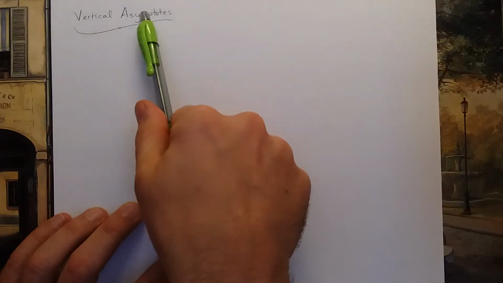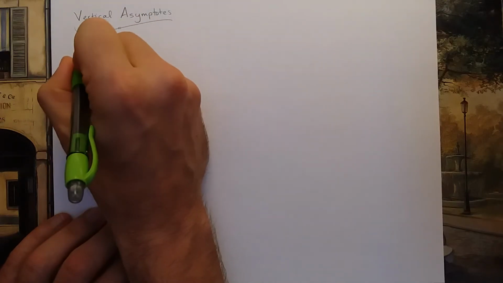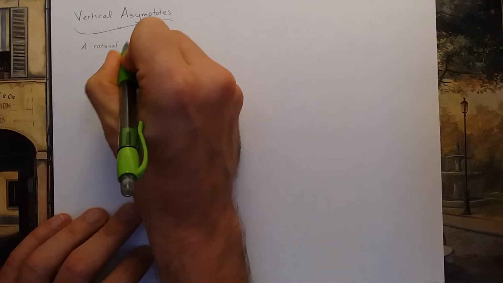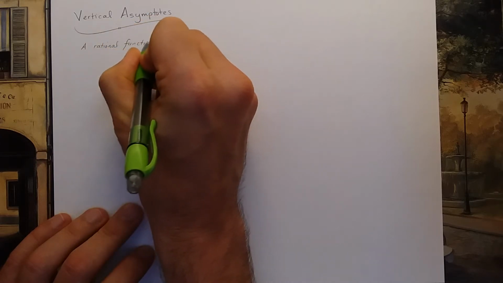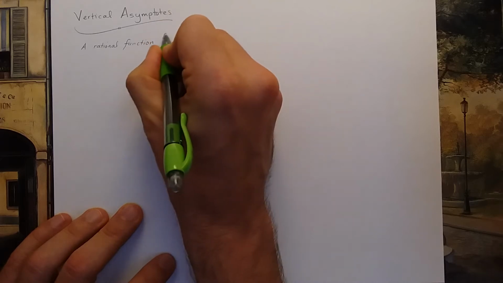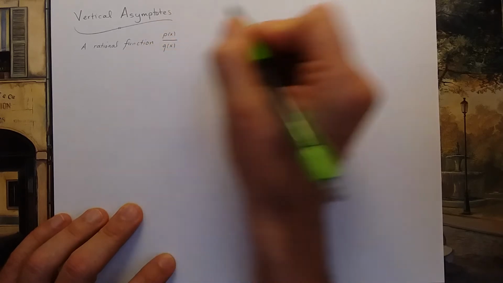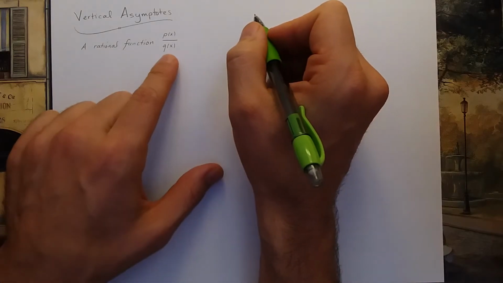Let's think about vertical asymptotes of rational functions. So a rational function that has the form p of x over q of x, so again, p of x and q of x are polynomials with real coefficients.